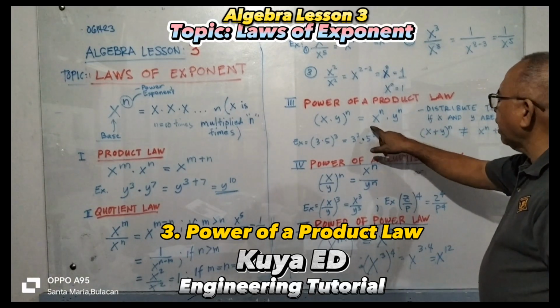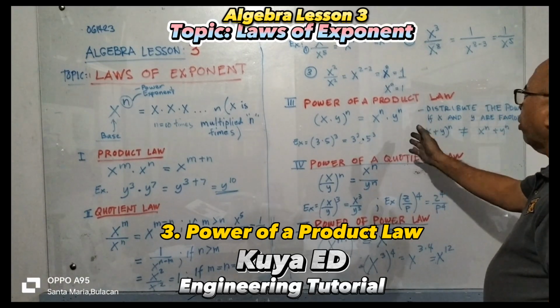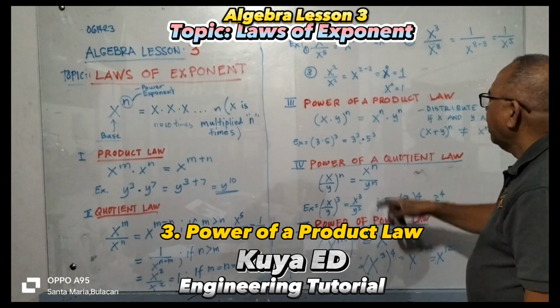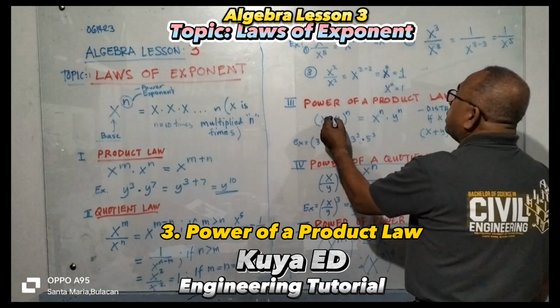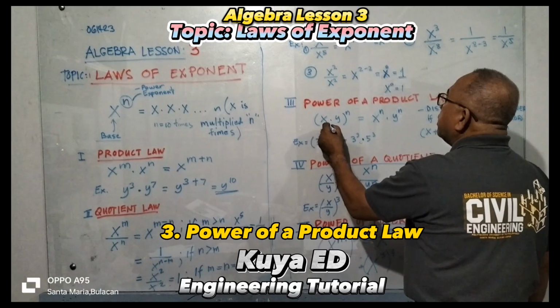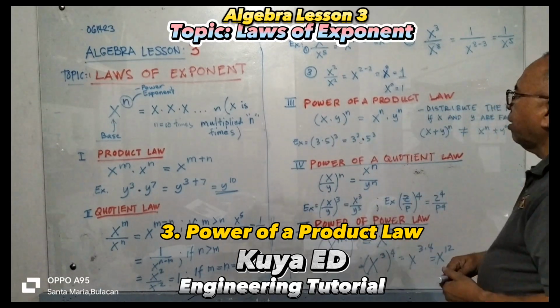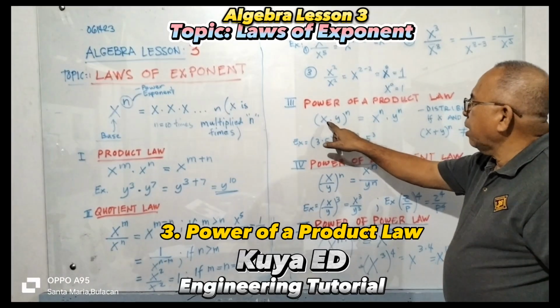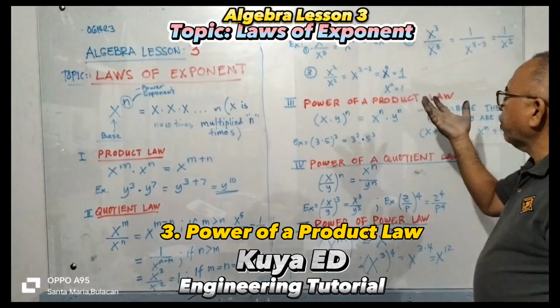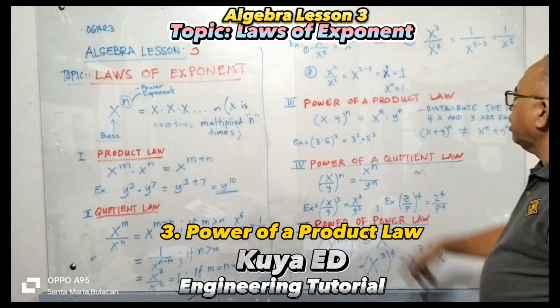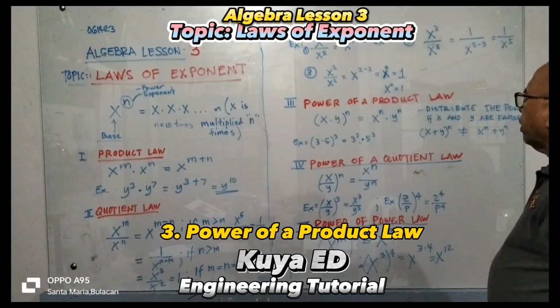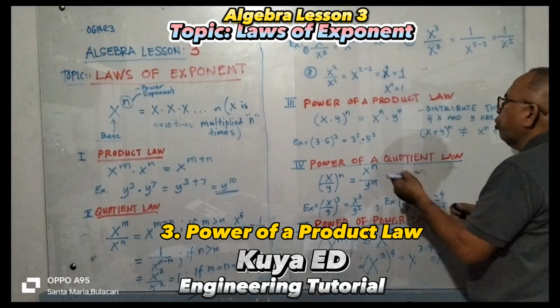So, factors sila eh. Hindi pwede yan kung plus. Kung plus dito, let's say, plus, hindi na pwede kasi hindi na siya product eh. No? So, ito, product kasi x and y, minultiply mo raised to a certain exponent.